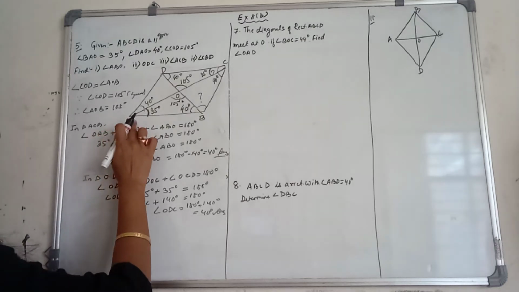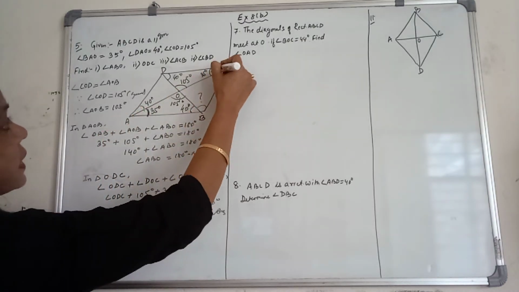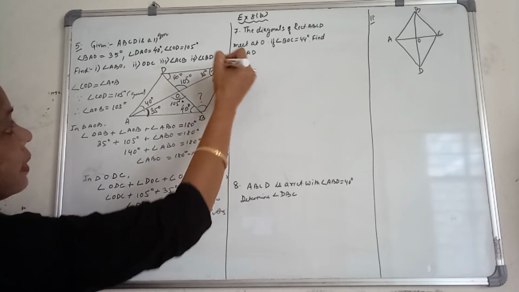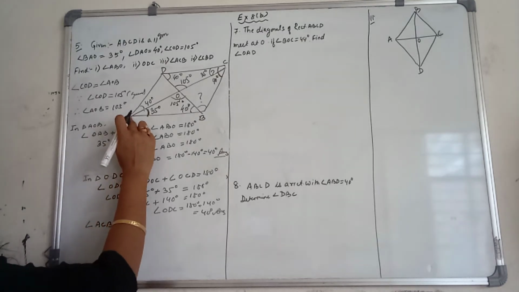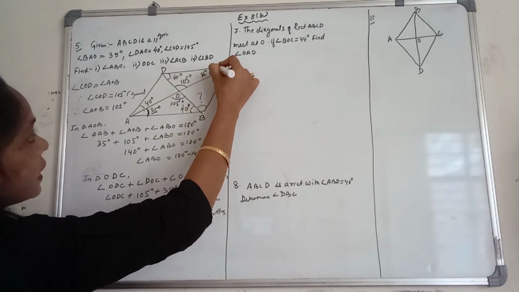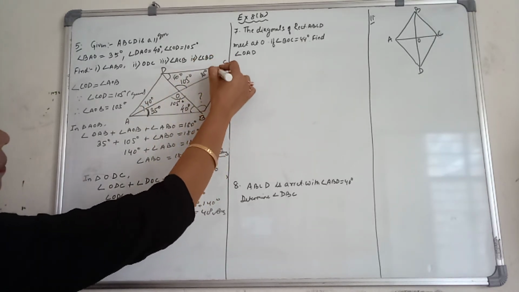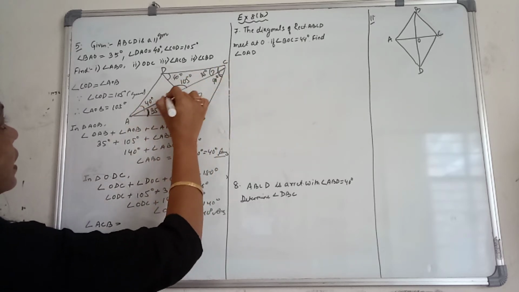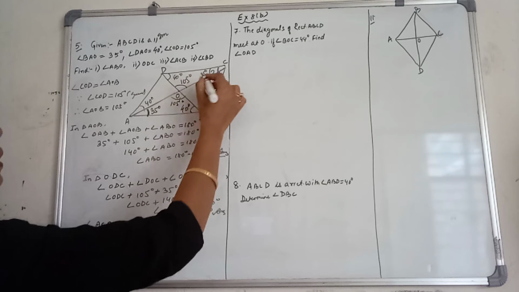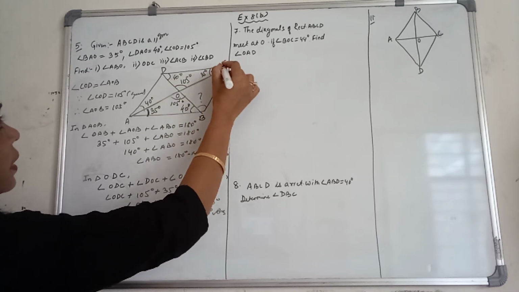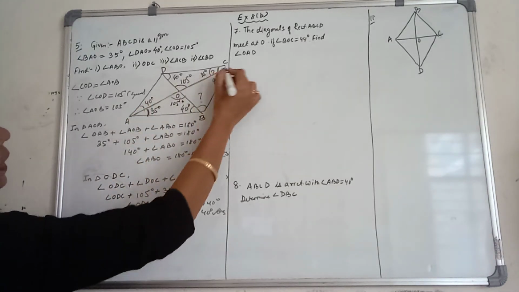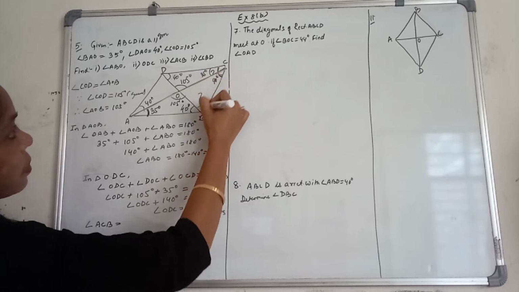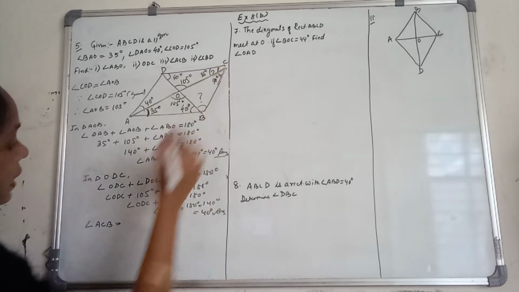Next you have to find angle ACB. It means this complete angle you have to find, angle ACB. So angle ACB, this portion, this is again your 40 degrees.